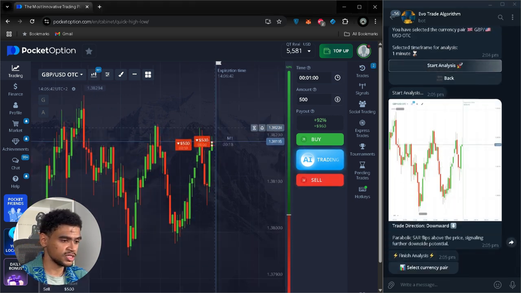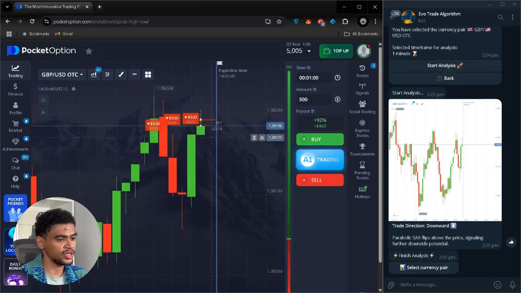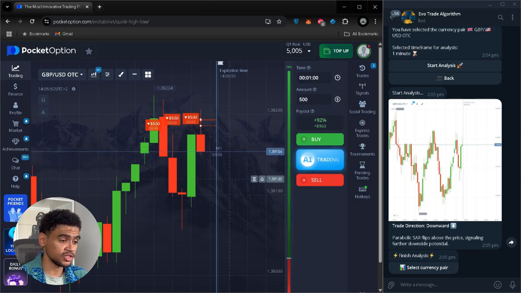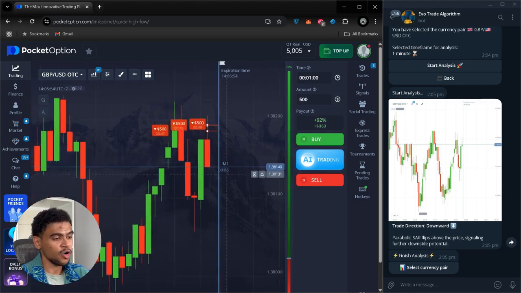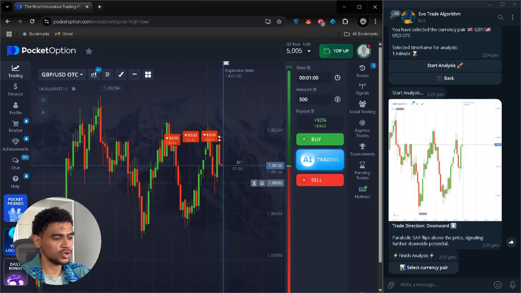And here it is, we're placing a sell position, the price spikes, we place a little bit more here, and now we observe. And here's the analysis as well. Parabolic SAR flips above the price, signaling further downside potential. So we have all of the indicators implemented into the robot, so whenever it finds a situation on a chart, it starts to analyze it using the indicators that it has built into it.